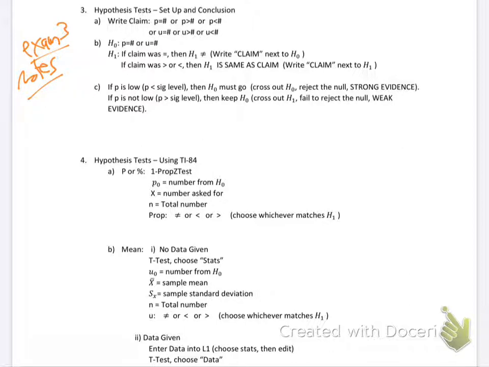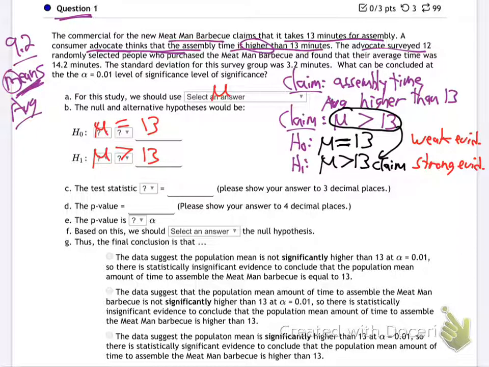We see that the hypothesis test for mu is equal to the number. And so that's what we're going to do here. We're going to test this. We're testing mu like that, mu equal to a number.